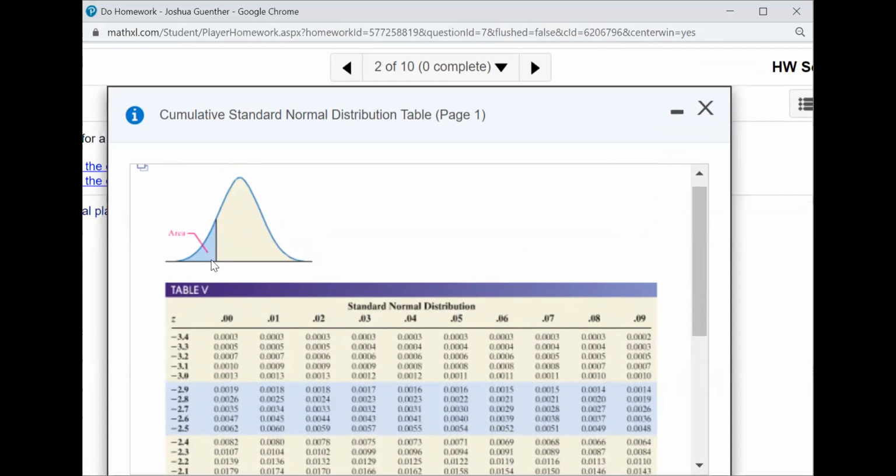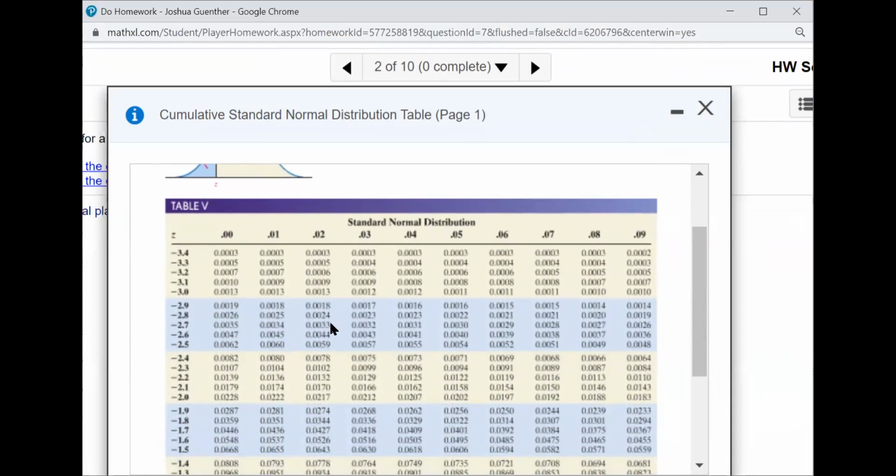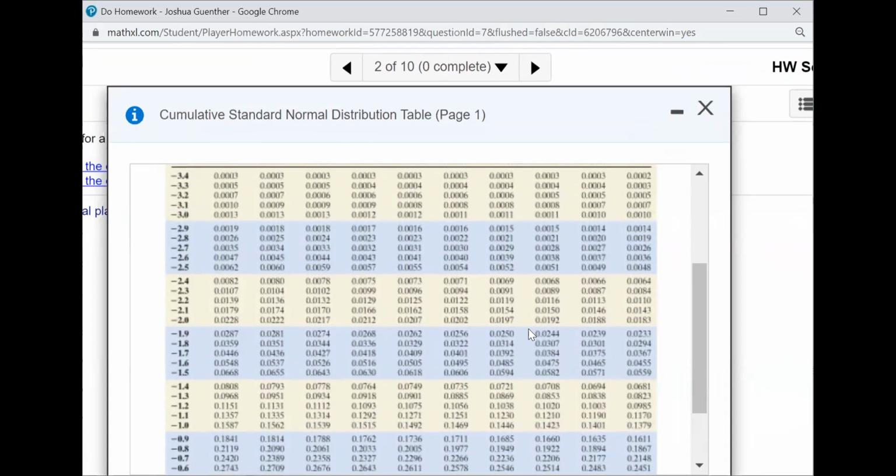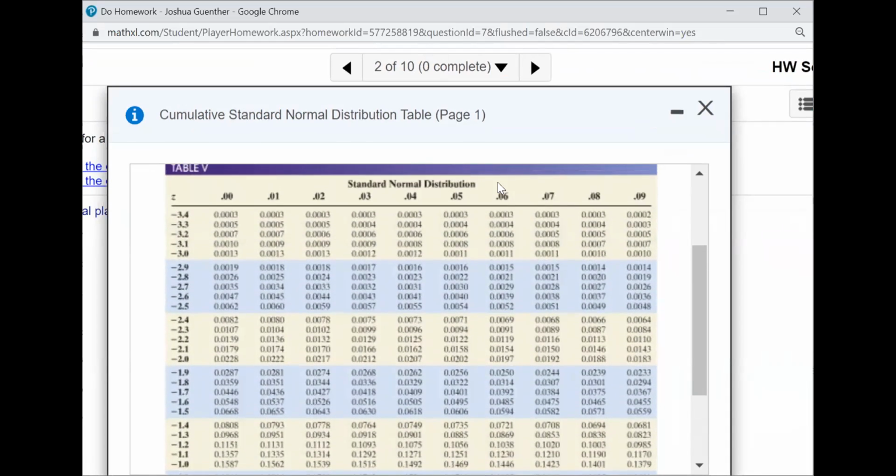What we need to find is this area to the left to be 0.025. So we look inside the chart, we look for 0.025 or as close as we can get to it. And hot dog, we are in luck because here's 0.025 exactly. And that corresponds to a z-score of negative 1.96.